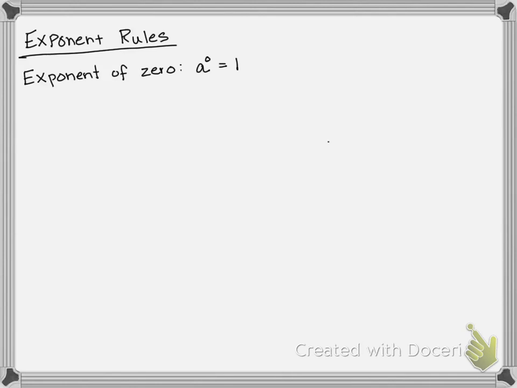So then let's get into our multiplication rules. So we sort of have 2 types of rules when it comes to exponents. We have ones dealing with multiplying exponential expressions and ones dealing with dividing exponential expressions. So we'll start with the multiplication rules. So first, we want to see what happens when we multiply exponential expressions.